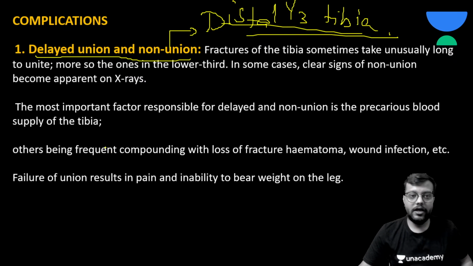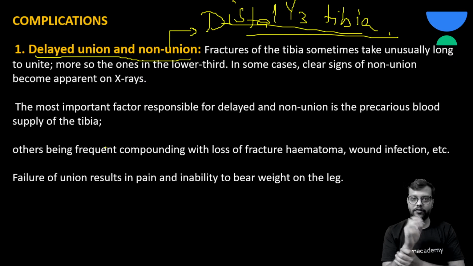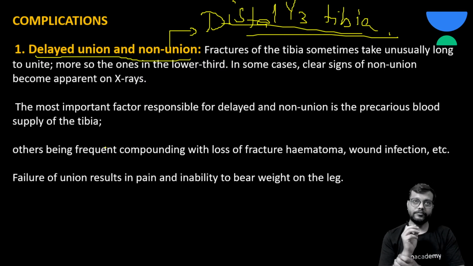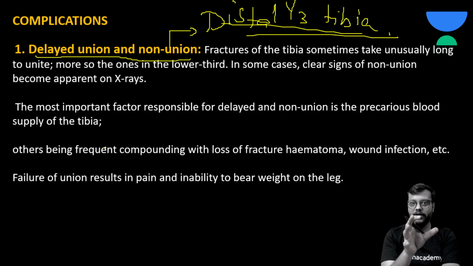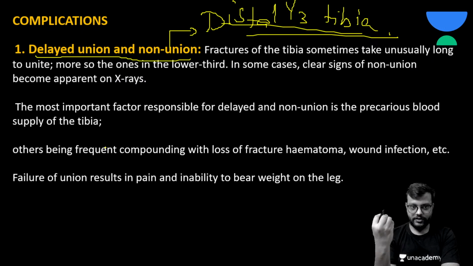And if it is in delayed union or non-union, you give at least like 5 to 6 months, and तब भी नहीं हो, you can go for the bone grafting and the internal fixation. अगर nail है non union में, you remove the nail, or with nail in situ you can go for the bone grafting and then again immobilizing the patient. And if the nail is not in situ, or even after grafting it is not possible, you can go for the grafting and plating, or you can go for the Ilizarov ring fixator.